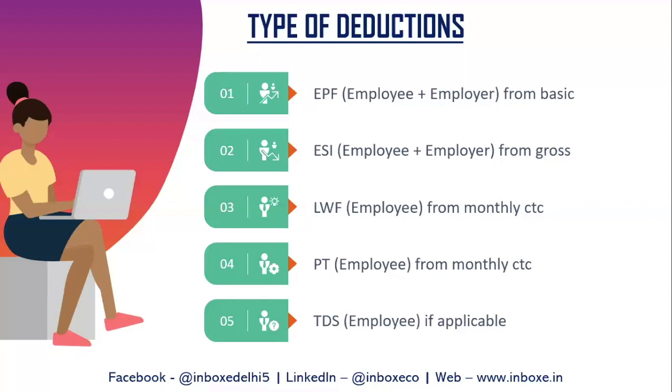So what is the threshold limit of your ESIC? The threshold limit is, if your gross salary is less than or equal to 21,000, then ESIC will be applicable to you. Suppose you have joined an organization where your gross salary was 18,000, then you are eligible for this ESIC.